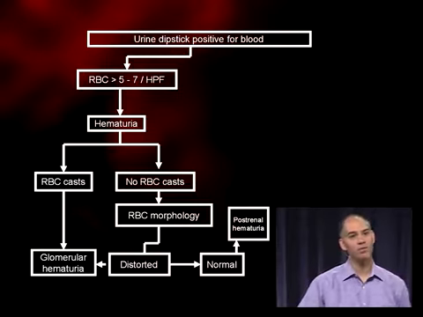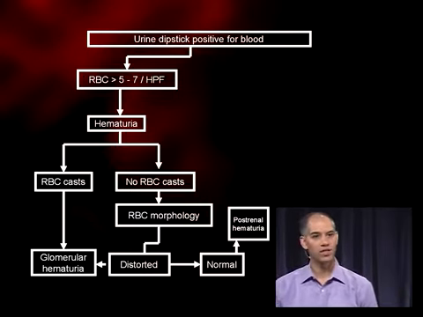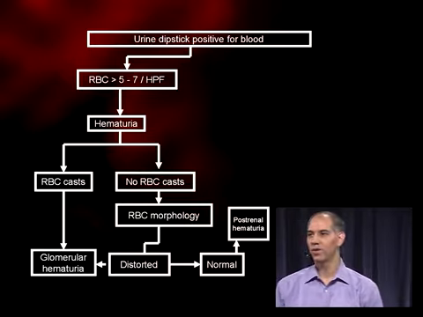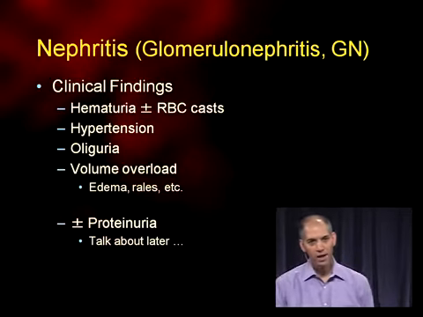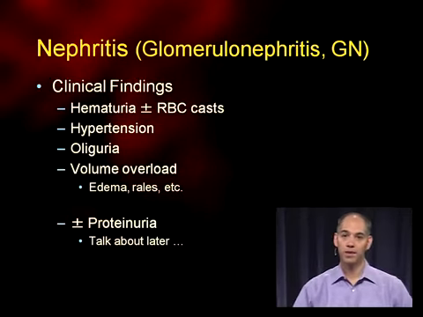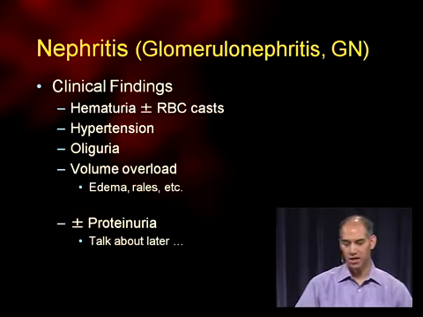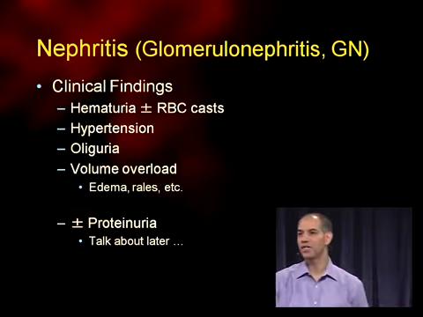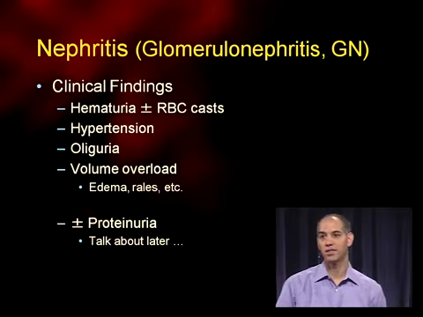But even without red blood cell casts in the urine, you can look at the red blood cell morphology, and if it's dysmorphic, if the red cells are distorted, that gives you an idea that the blood is coming from the glomerulus. And blood from the glomerulus is called glomerulonephritis because we can't just call it glomerular bleeding. We have to come up with a fancy name. And the clinical features of all of the GNs are hematuria, as I said, with or without red cell casts.